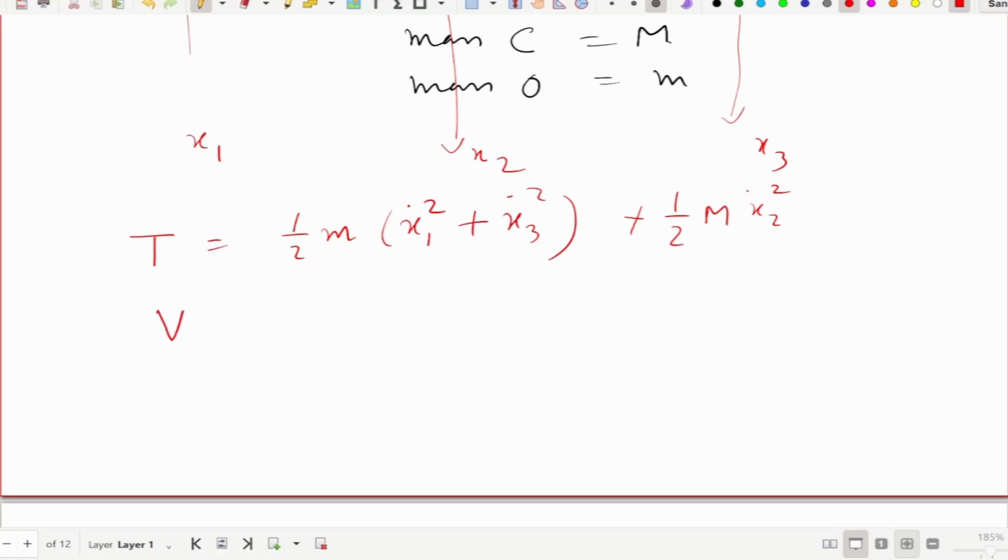To write the potential energy, let us consider that x 1 0, x 2 0 and x 3 0 are the equilibrium positions of the respective atoms.